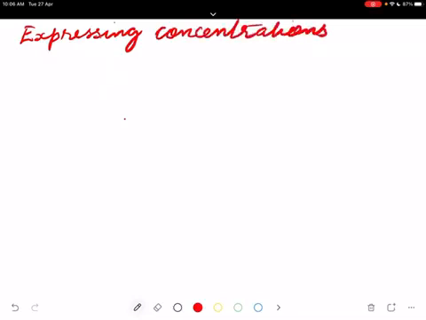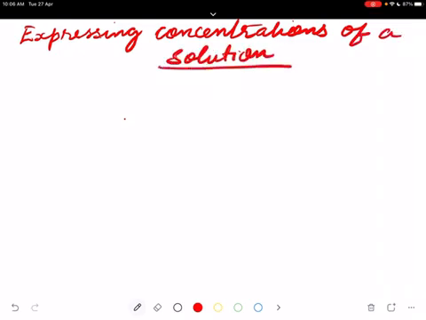Expressing concentration of a solution. First one, percentage composition.